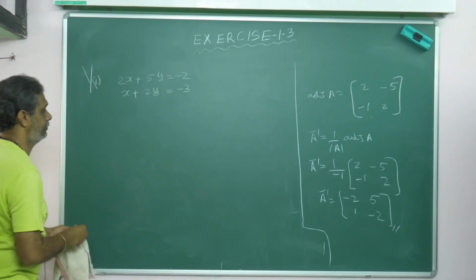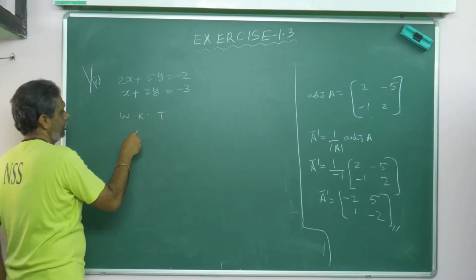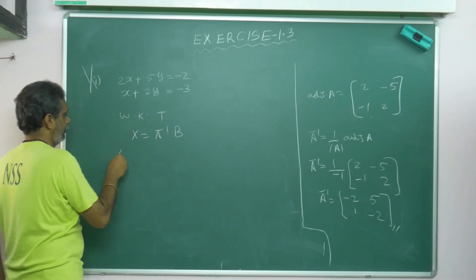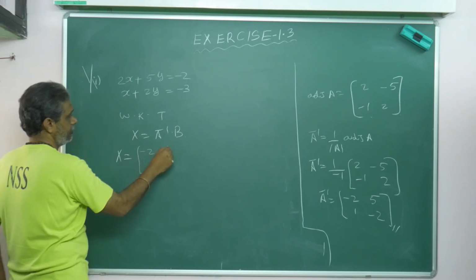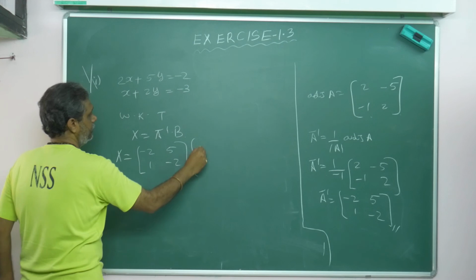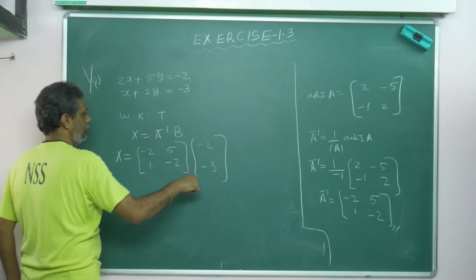We know that x is equal to A inverse b. Who is A inverse? Minus 2, 5, 1, minus 2. Who is b? Minus 2, minus 3. All know, take one row, all columns you can multiply.